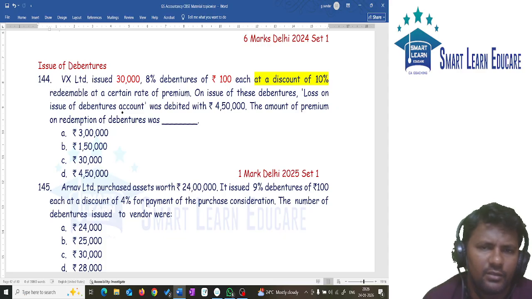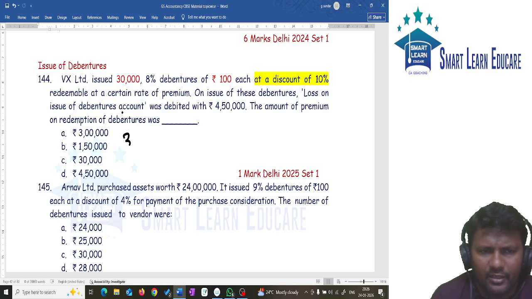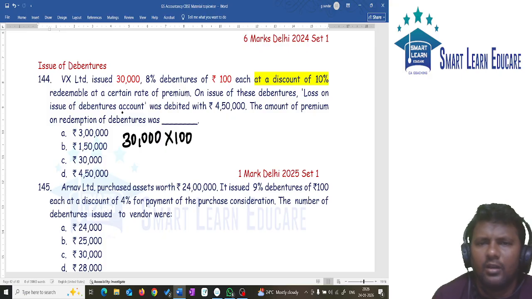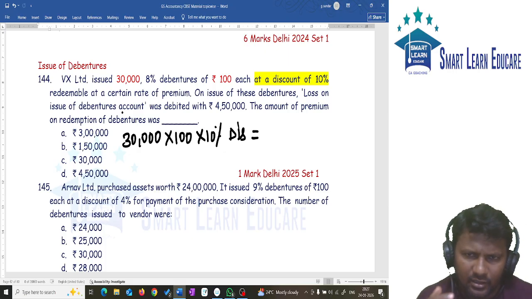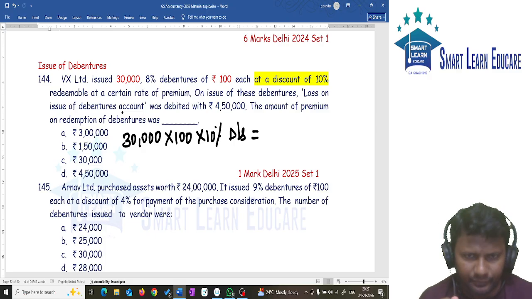It is very simple. First find the loss. Total how many debentures do we have? 30,000 debentures. On these, the face value is 100, and the discount is 10%. Discount is one of the losses. When you issue the debenture, you are issuing it not at face value but at less than face value.